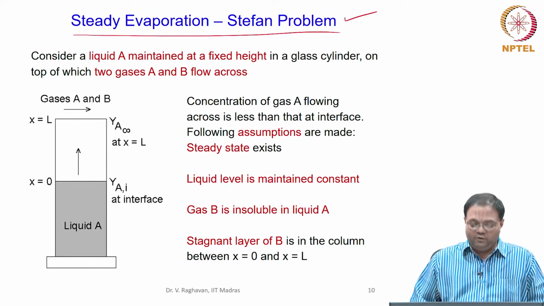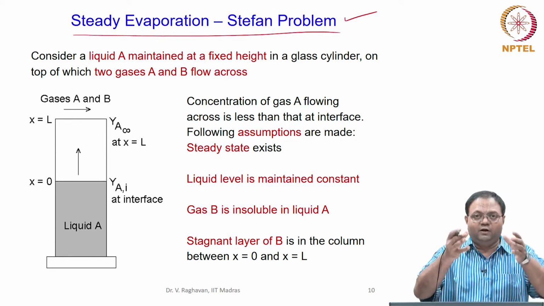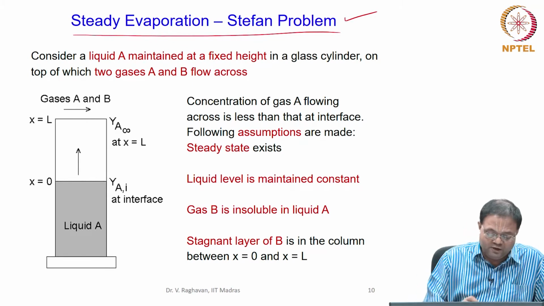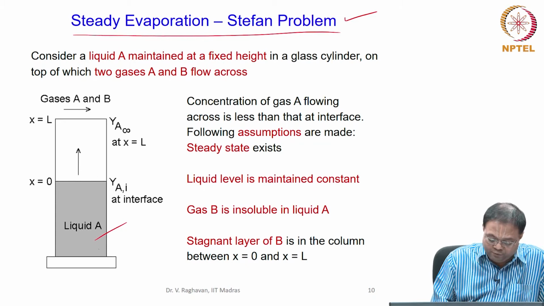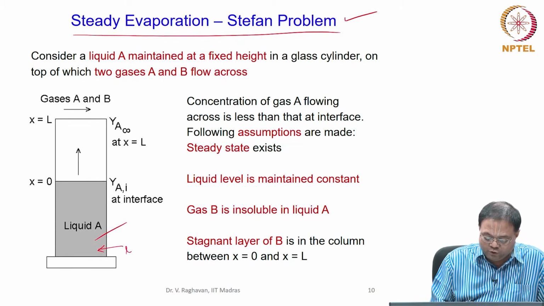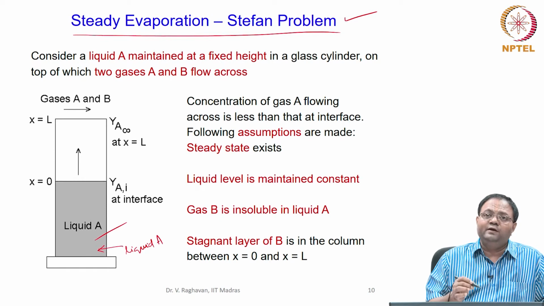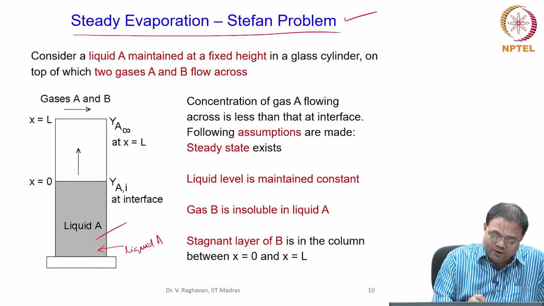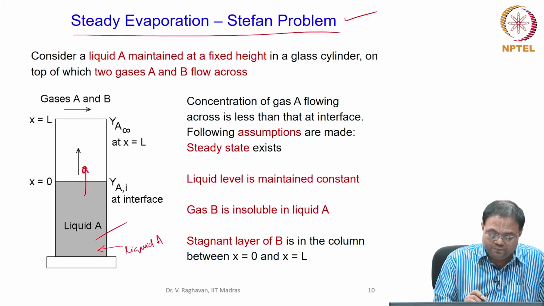The Stefan problem is where you have a cylindrical vessel or test tube in which a liquid, liquid A, is present, and please understand that the liquid is also fed at a very slow rate, which is the rate at which the evaporation of liquid A takes place across the interface.